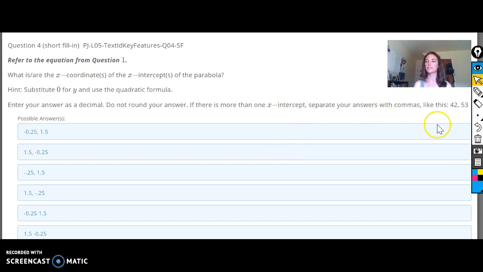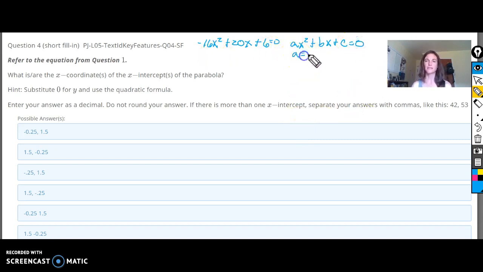Okay, so we're going to solve for 0. We're going to say negative 16x squared plus 20x plus 6, where ax squared plus bx plus c, and let's set that equal to 0. Equals 0 is my standard form.